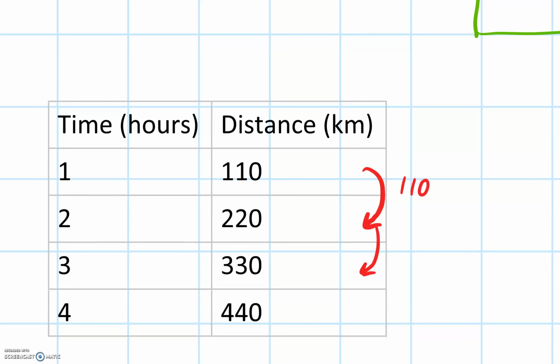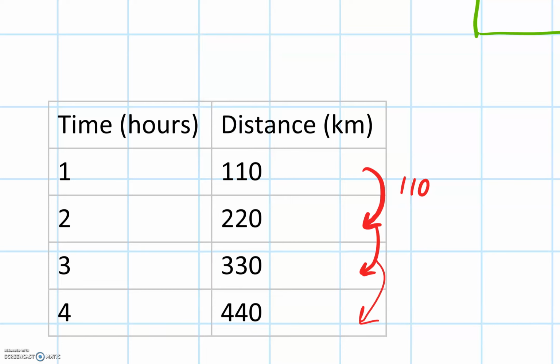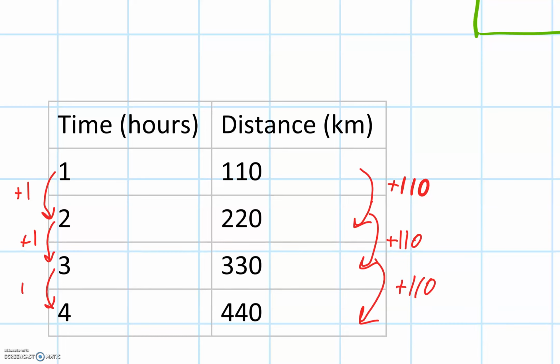Every set of hours, it goes up by another 110. Plus 110, plus 110, plus 110. Whereas the hours is only going up by 1, up by 1, up by 1.